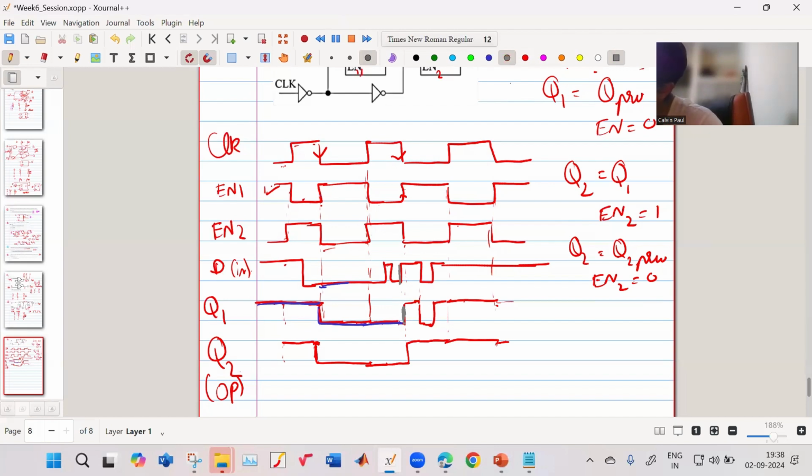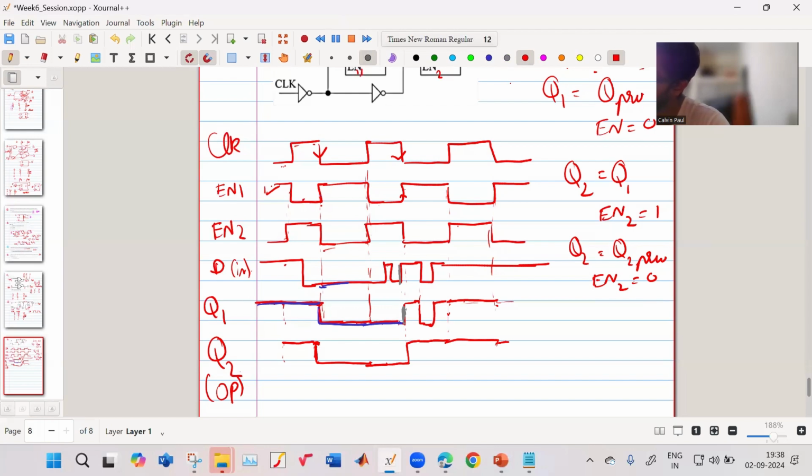When Q1 has gone high, it will hold on to D as long as enable 1 is high. When enable 1 goes low, Q1 will hold on to its previous value, and it will go on like this.